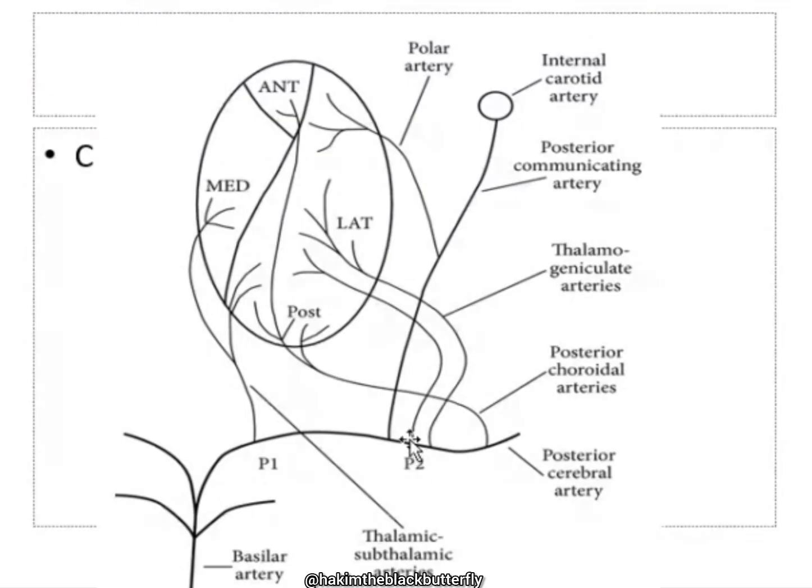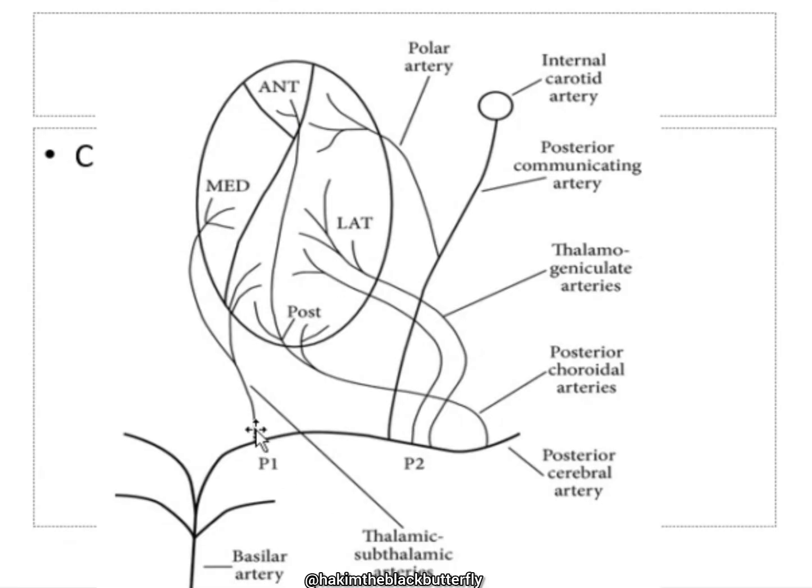Part 2 is going to give off these two paired arteries known as the thalamo-geniculate arteries, which are going to go and supply the lateral nuclei. It's also going to give off this posterior choroidal artery, which is going to give branches to the posterior nuclei and transmit another branch to the anterior nucleus.